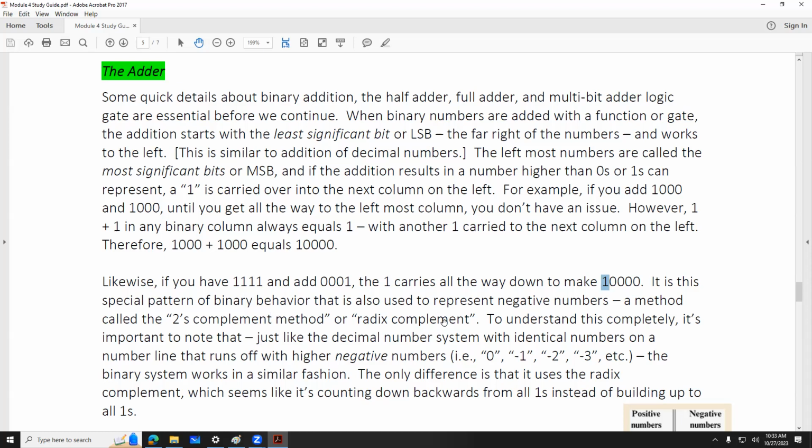Okay. Then we have special cases where we're adding negative numbers. Now in real math, you know that when you're adding a negative number, that's equivalent to what? Subtraction, right? So if I have a positive 4 on the number line, and I add a negative 2 to the positive 4, then I subtract.